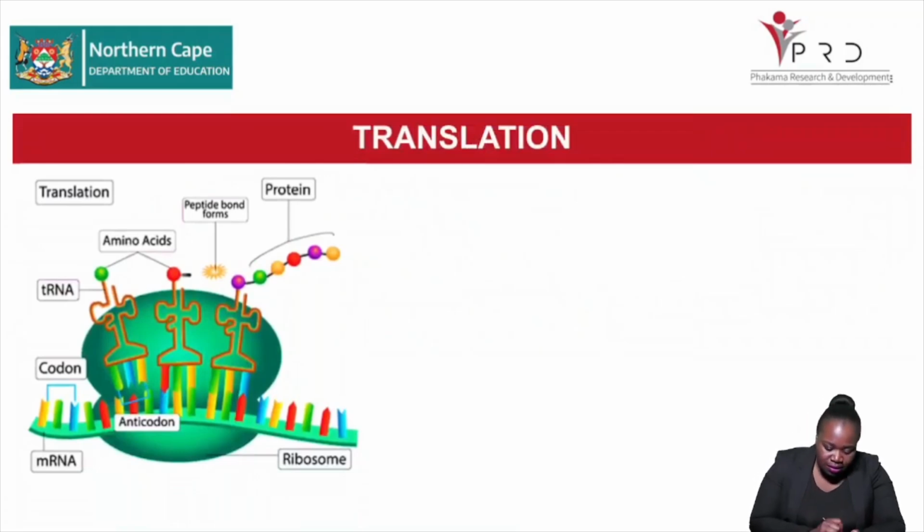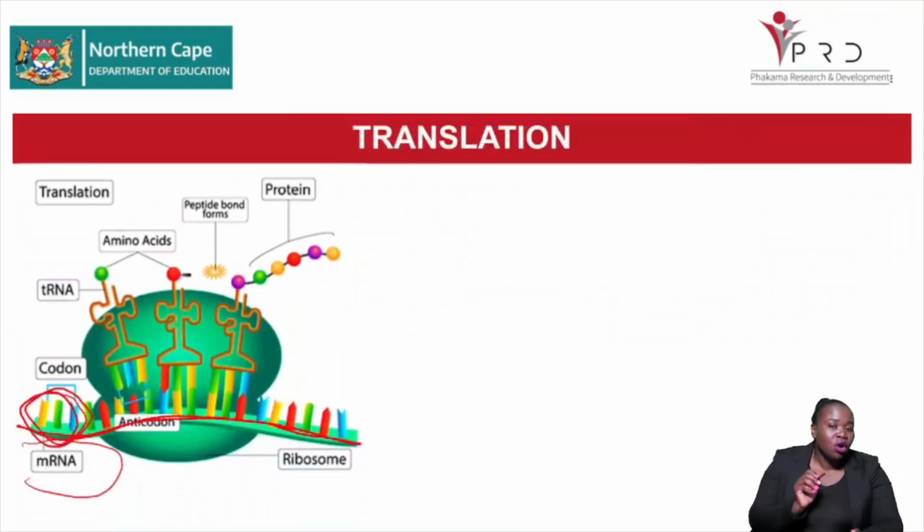So just have a look here. This is the mRNA. And then here we have the codon on the mRNA, and the anticodon on the tRNA. And then we have 2 amino acids. These 2 amino acids are joined together by a peptide bond.